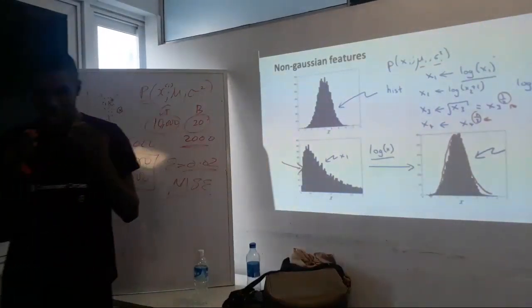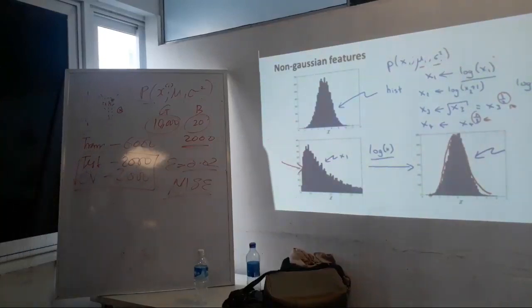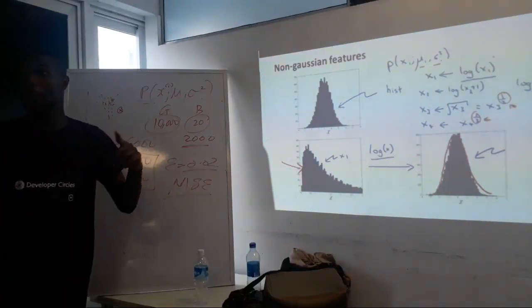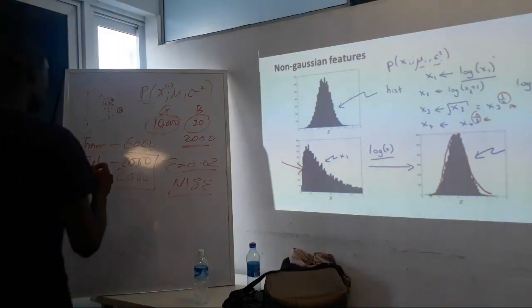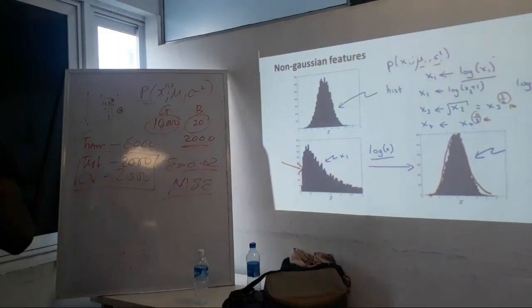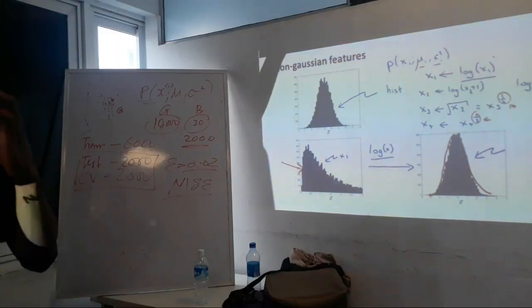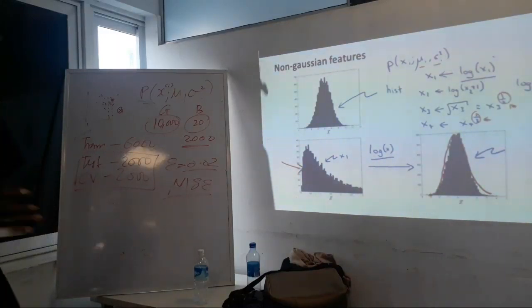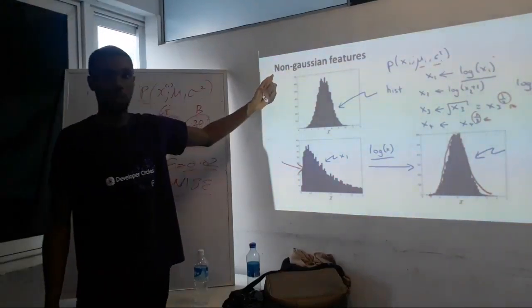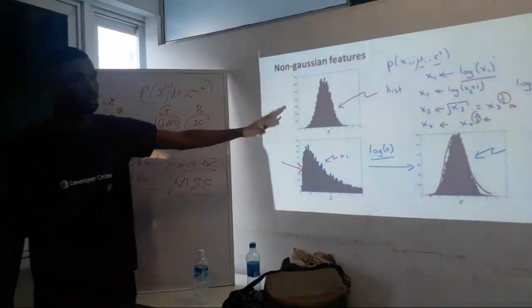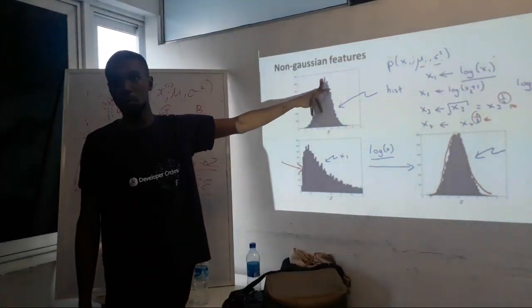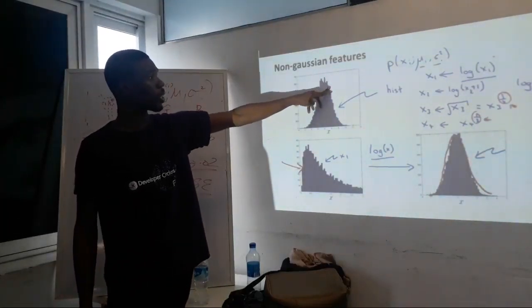Basically, when you have more than one peak, that is when you have a bimodal distribution. When you have multiple peaks, you have a multimodal one. My point is that for you to have a Gaussian, you're supposed to have just one peak. But here you have multiple peaks.